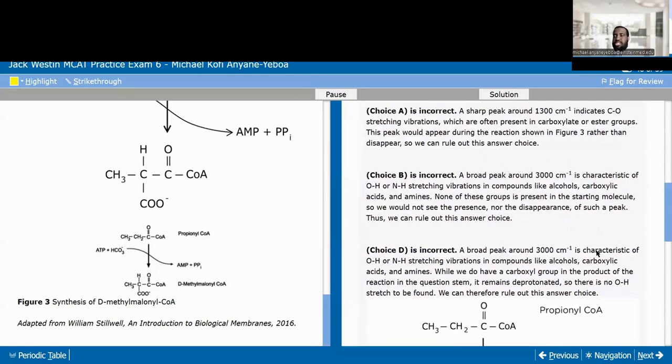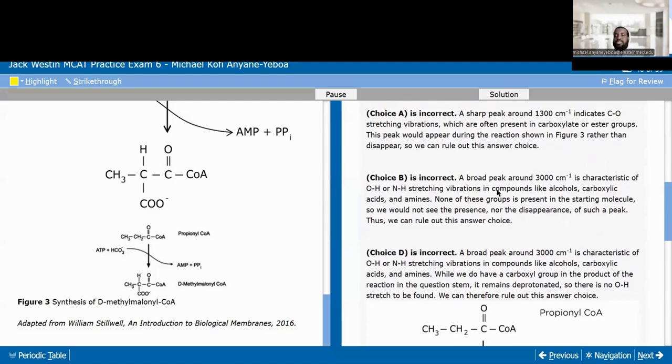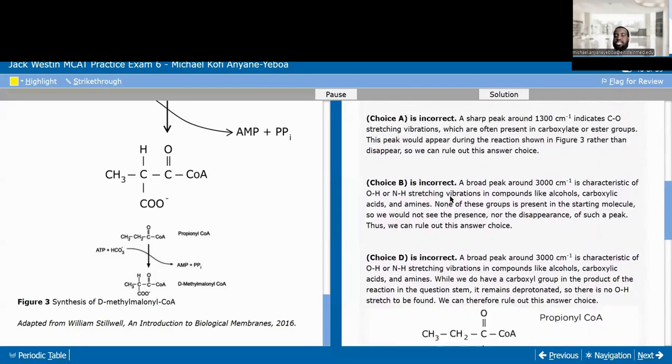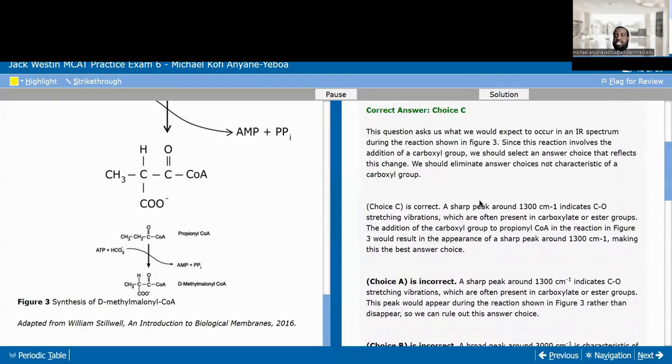A broad peak around this is characteristic of an OH or NH stretching vibration, right? So by just looking at that, 3,000 per centimeter is for an alcohol or an amine, right? Let's see. C says a sharp peak around 1,300 per centimeter indicates a CO stretch vibration.